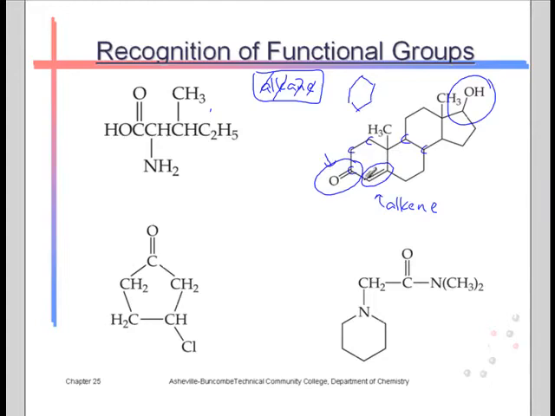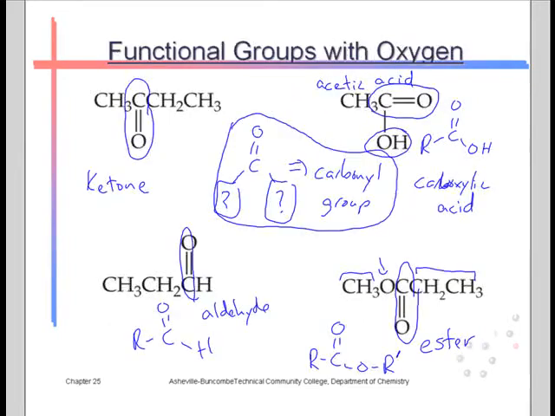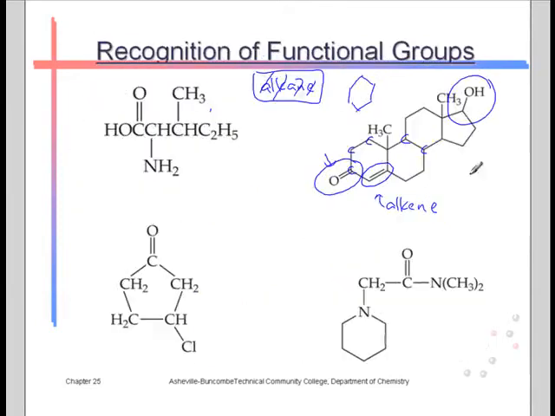It doesn't matter if it's a complicated polycyclic like you see here with a double bond, or the simple carbonyl group, the ketone that you had back here, with just an ethyl and a methyl. In organic chemistry, we label both of them as a ketone.